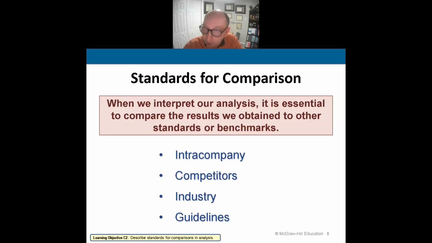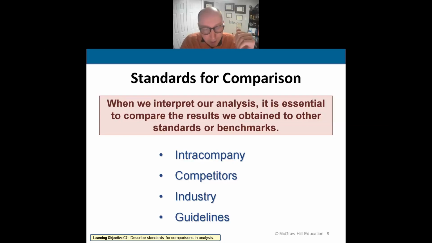The industry, the printing and advertising services industry, the financial performance is this. That's one way Alejandro can compare his small business to other businesses in his industry. So industry is another area of benchmark.